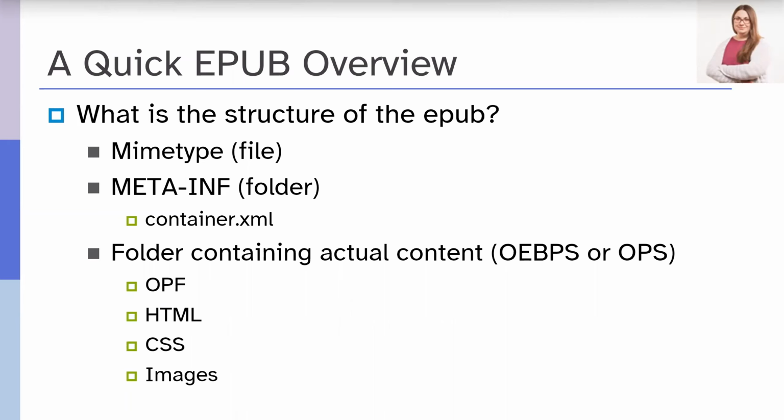I saw the MIME type, which is a file, the meta-inf, which is a folder that contains the container XML. And then there was this folder, usually called OEBPS or OPS, which is the actual content folder. And that had an OPF, HTML, CSS, and images. So as I said, acronym soup. It's an intimidating bunch of terms.